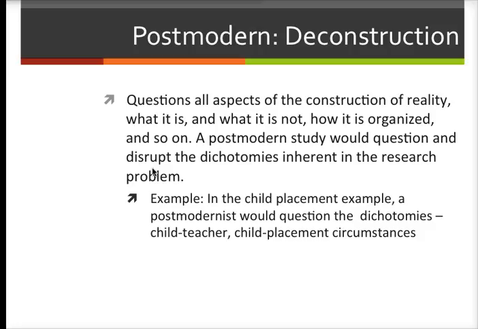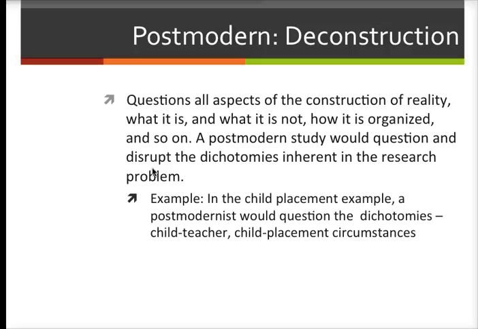Postmodern deconstruction. Okay, so this is a very interesting style. Modernism says that there are these hierarchies or these aspects of reality that are set, and we know them and we can look at them and they are there. Okay. Postmodernism questions these aspects of the construction of reality, what it is and what it is not, how it's organized, and so on. So a postmodern study would question and disrupt the dichotomies inherent in the research problem.